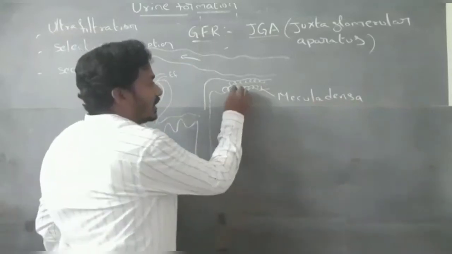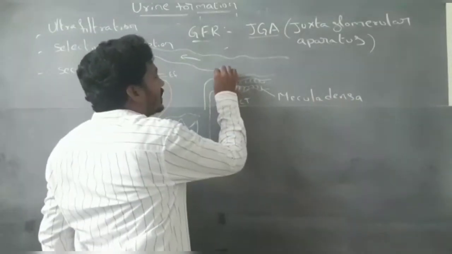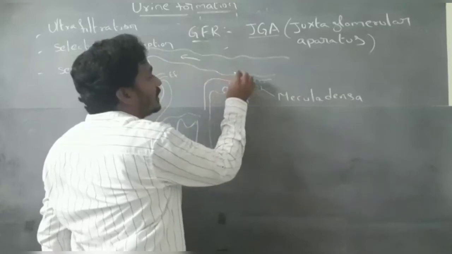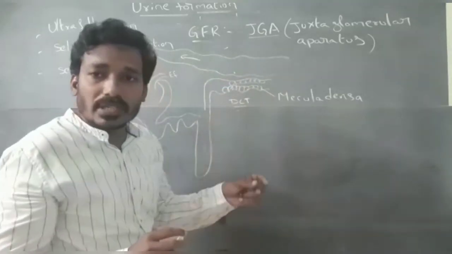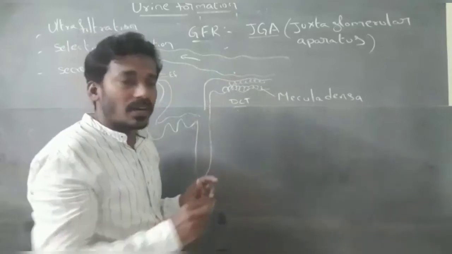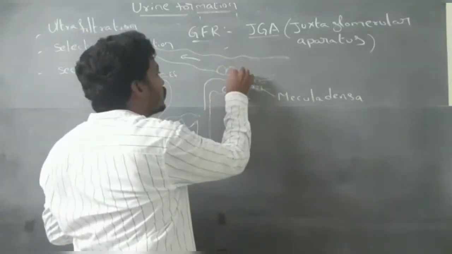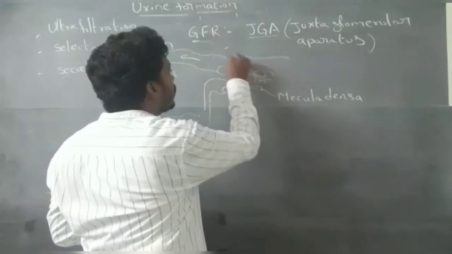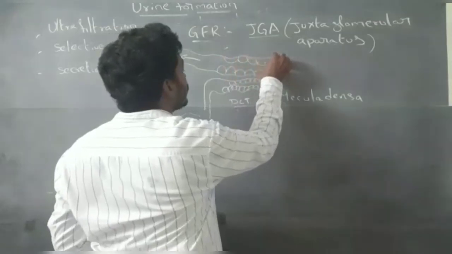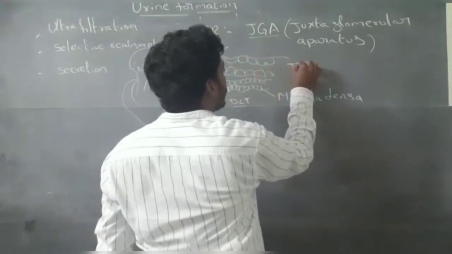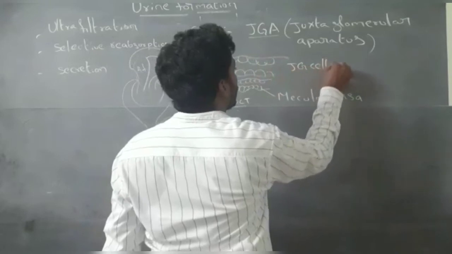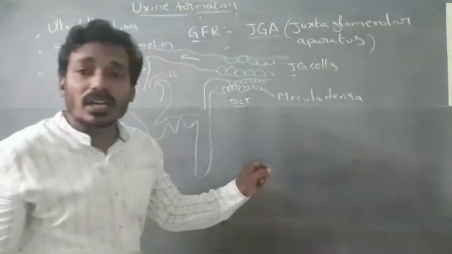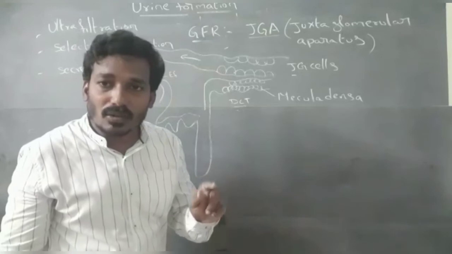In the afferent arteriole, the smooth muscles are modified to form JG cells, juxtaglomerular cells.